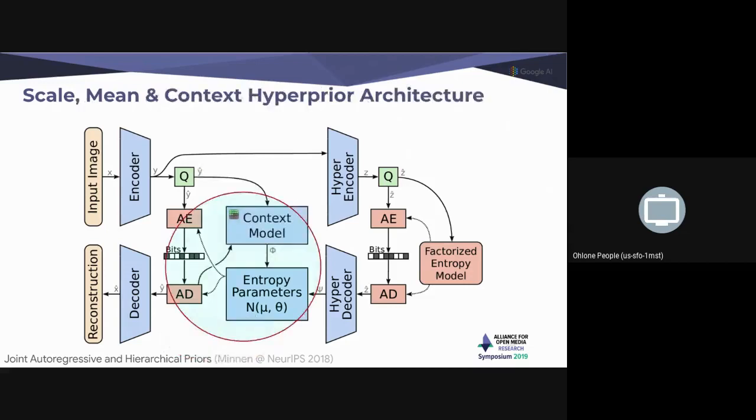But what makes even more sense is to try to have a context model. So context models, of course, are absolutely crucial if you want to get spatial correlations right. Context models also have been very difficult to implement in neural networks. And the reason they're difficult to implement is because you're introducing a serial step in an otherwise fully parallel system.